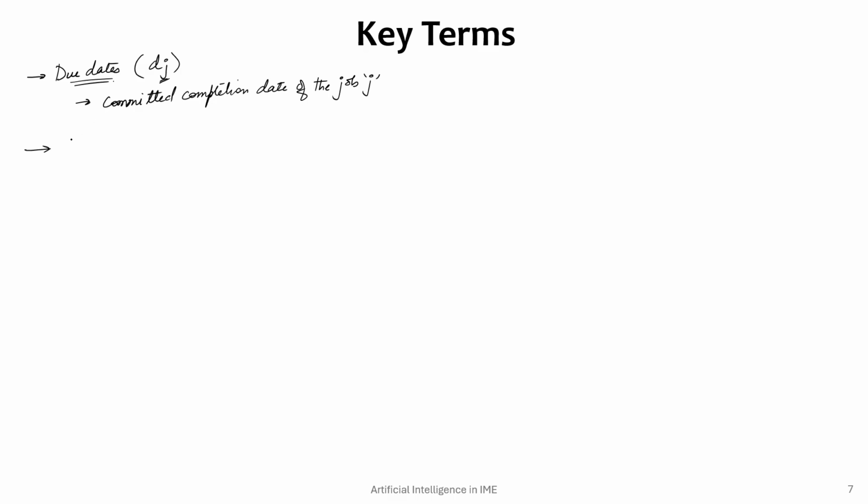The next term is flow shop. So this is denoted by FM, where M machines are placed in a series.